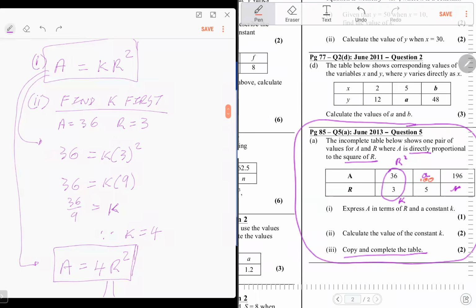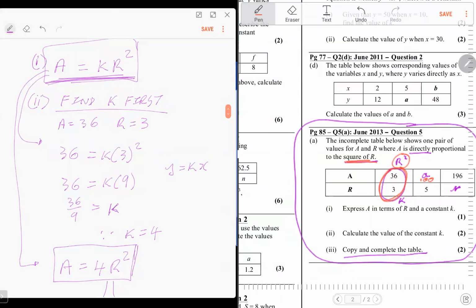Because we put these values in this. You see this? We got this from a statement that A is directly proportional to the square of R. The square of R means R squared. If a question says y is directly proportional to x, then you write y equals kx.